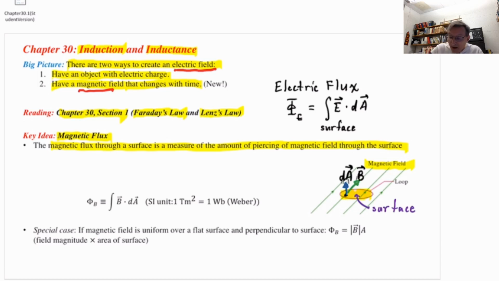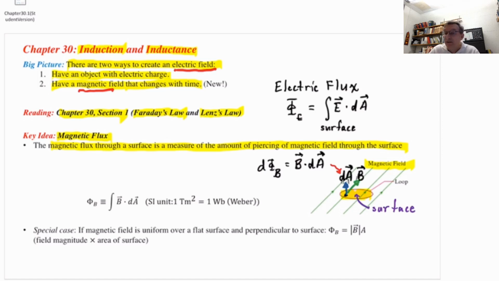And so the magnetic flux through that one little patch, which you could call, if you want, d phi sub B, will be the dot product B dot dA for that little patch I've drawn.